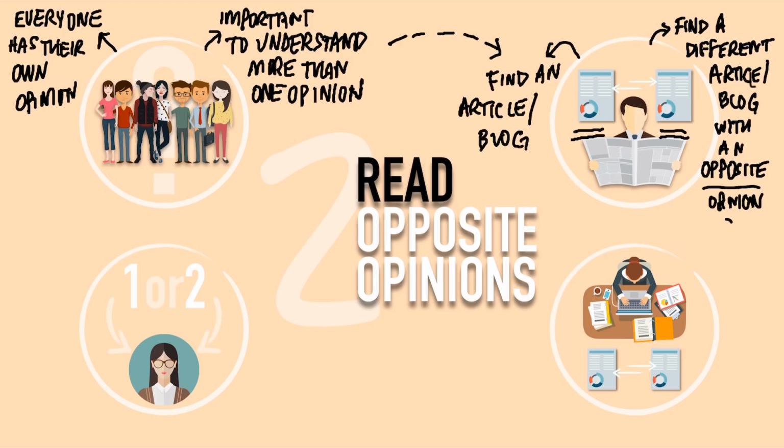Then as you move on, after you found both of those articles, what you need to do is first analyze both opinions, okay? Now, the next thing after that is you need to write the differences.